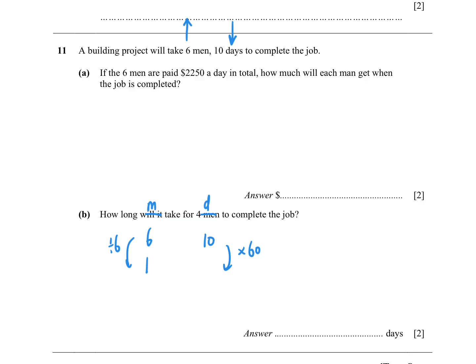If there's only 1 man working, you need 60 days to complete. So if you have 4 men, which you times 4 here, you must divide by 4 here, it will take 15 days. So the key word here is how long will it take for 4 men to complete the job is 15 days. Inverse proportion question.